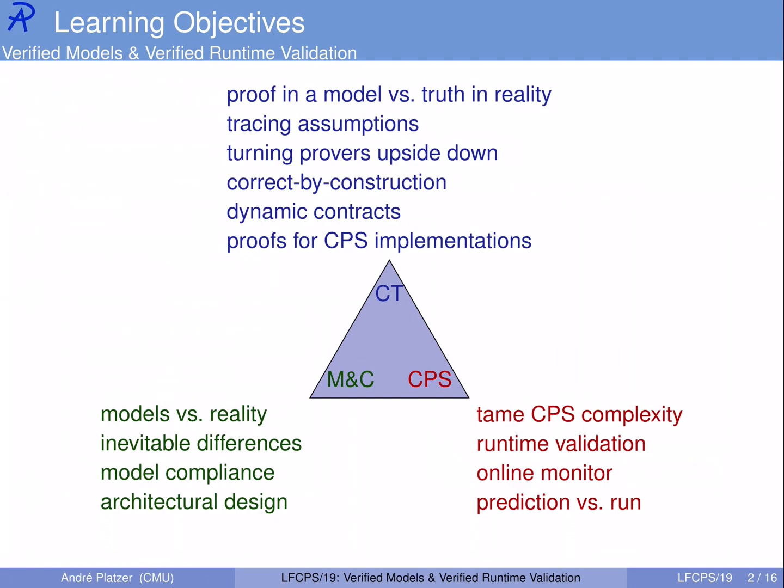By combining offline verification with online verification and runtime validation of the system using online monitoring, such that you overall combine static, once ahead of time predictions with the actual physical run of the system.